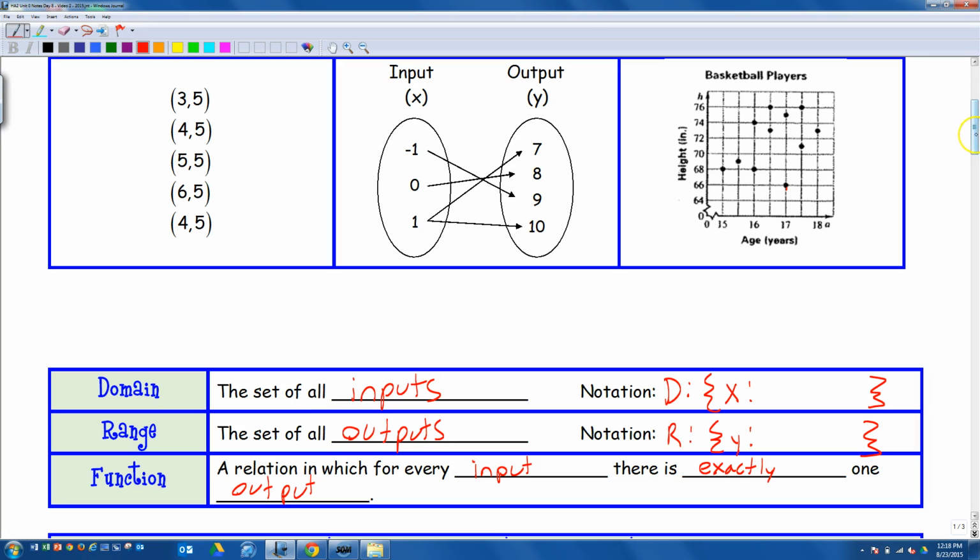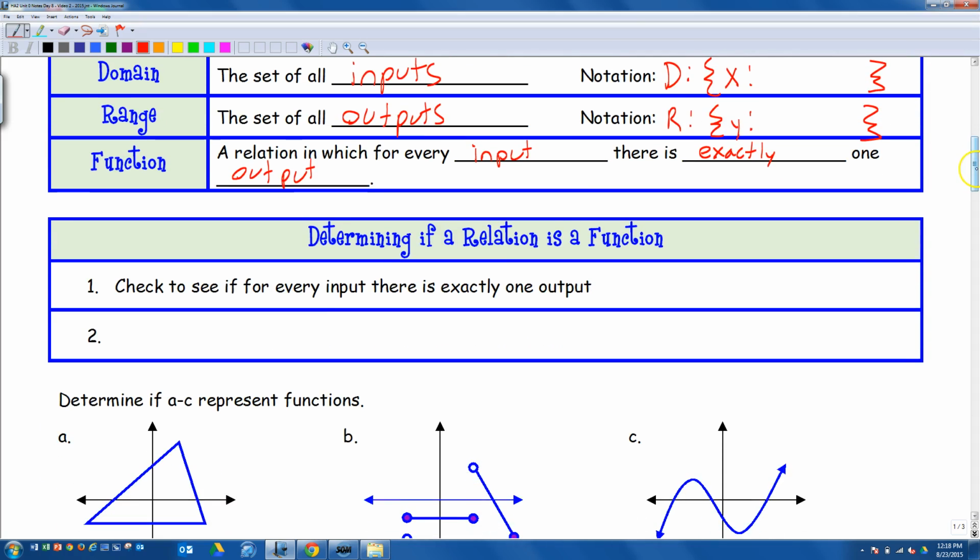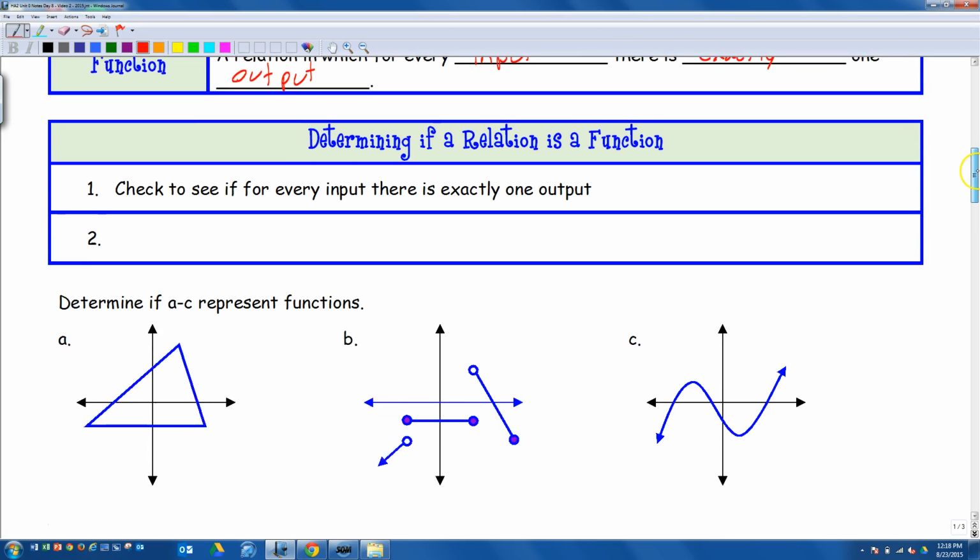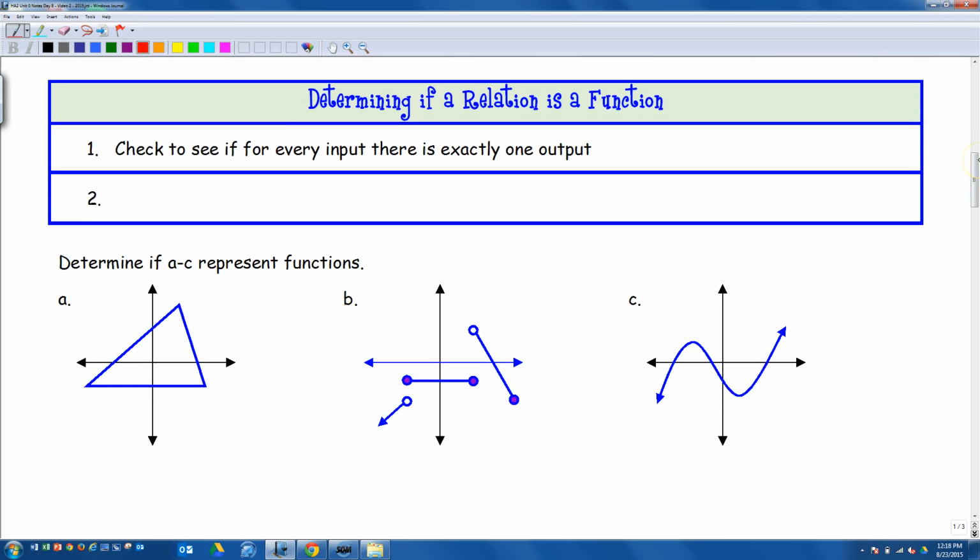Okay? So how do you know if something is a function? Basically, you just look at it if it's one of those mappings or points. Another way is the vertical line test. So you can draw a vertical line, and then if it touches twice, then it's not a function.